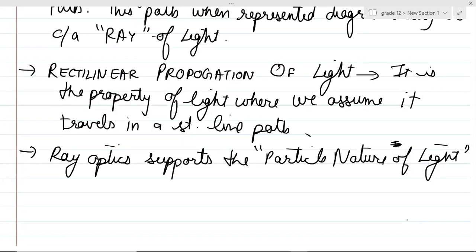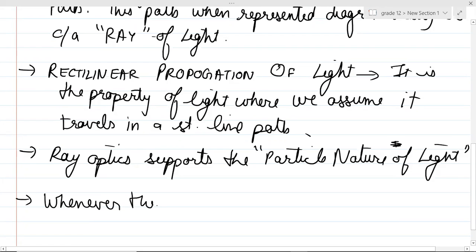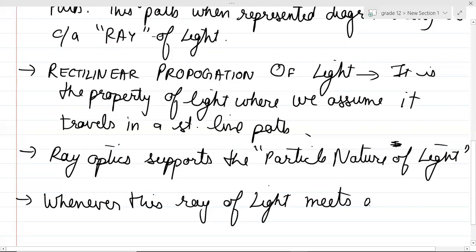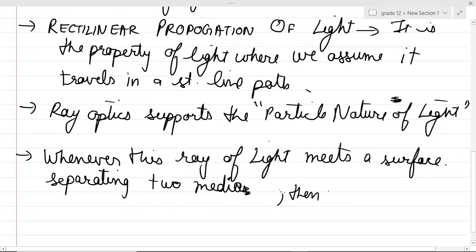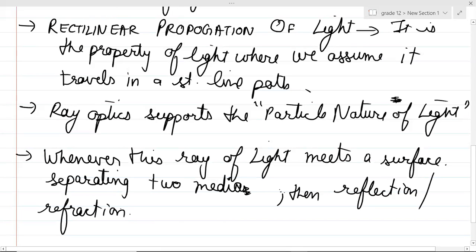Anyways, so what happens whenever this ray of light meets a surface separating two media, then reflection or refraction or dispersion may also occur, but I am not including dispersion as of now.